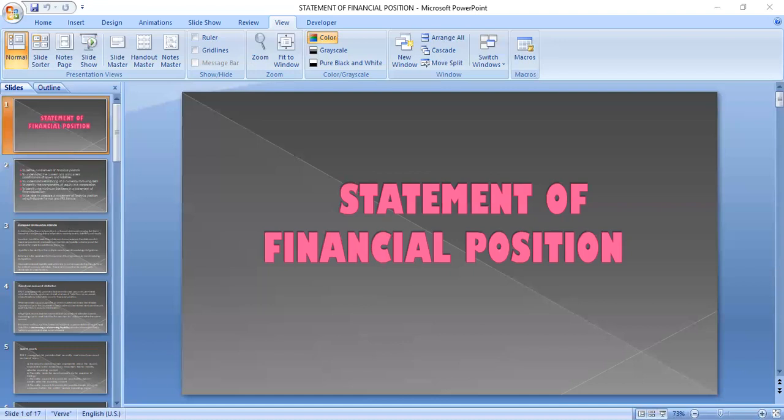Now, the non-current liabilities is a residual definition. PAS 1 simply states that all liabilities not classified as current liabilities are non-current. So we have non-current portion of a long-term debt.